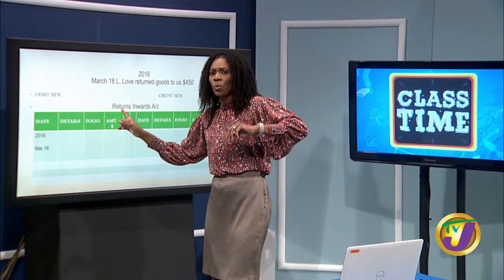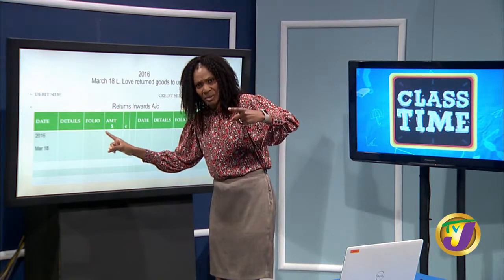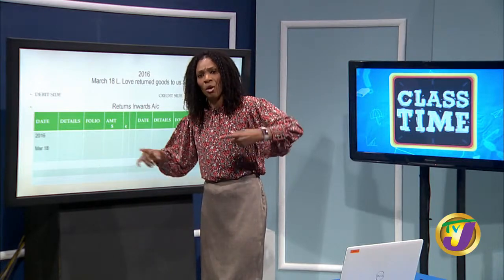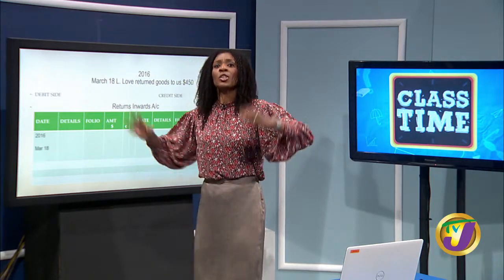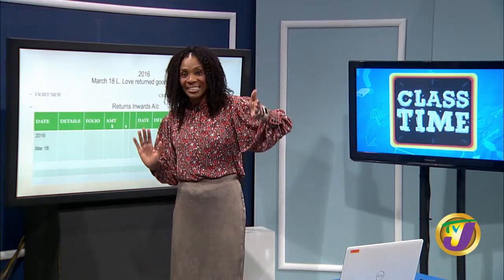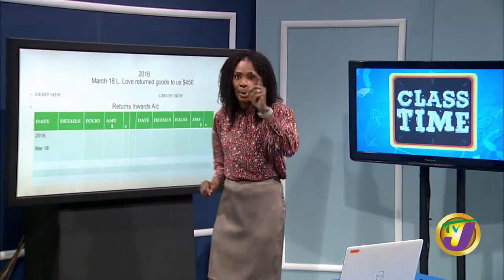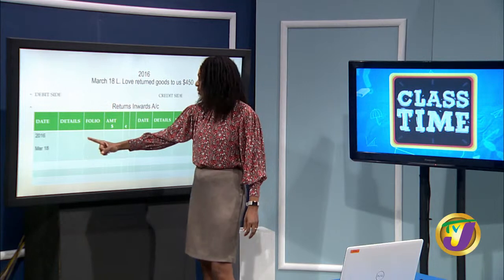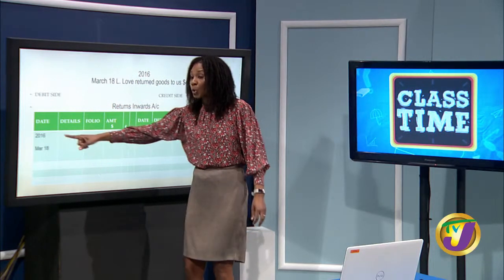So returns inwards is a stock account being governed by the same double entry rule that govern all assets. So whenever there's an increase in asset, what will we do to the account again, students? We are going to debit the account. So here we come now on the debit side of the return inwards account, students.